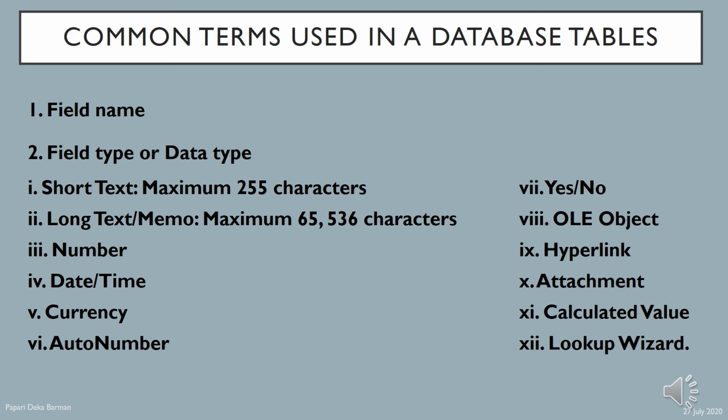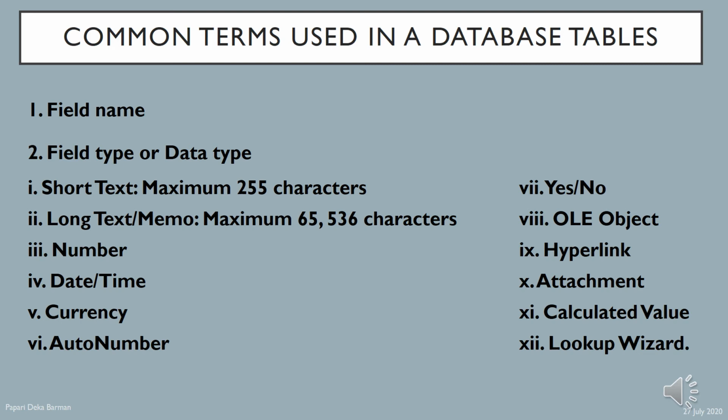Number 10 is attachment. This is new to Office Access 2007, and you can attach images, spreadsheet files, documents, charts, and other types of supported files to your record in the database, just like when you attach any kind of files to your emails.